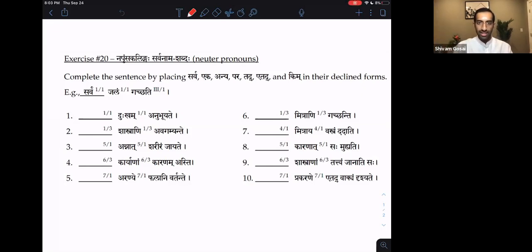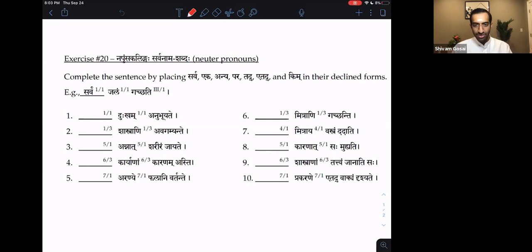Usually it depends on the context, but tasmin aranye phalani vartante. So the fruits remain in that forest. So not this; I think I said this before. This is that. That forest.